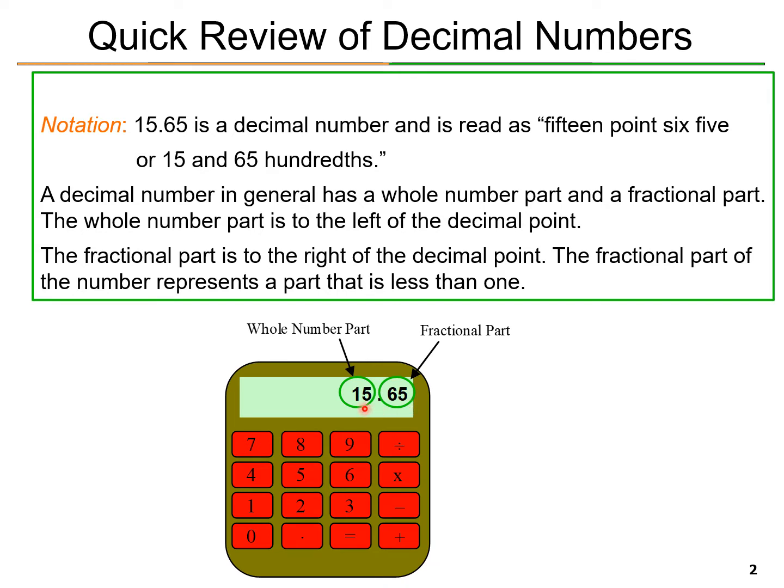So this number is read as 15.65. A decimal number in general has a whole number part and a fractional part.